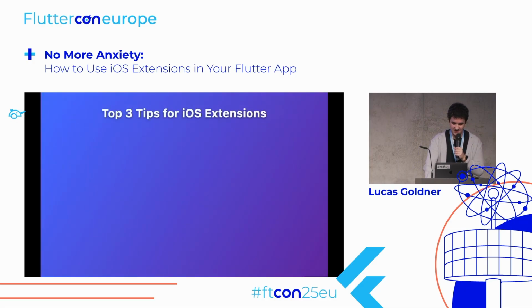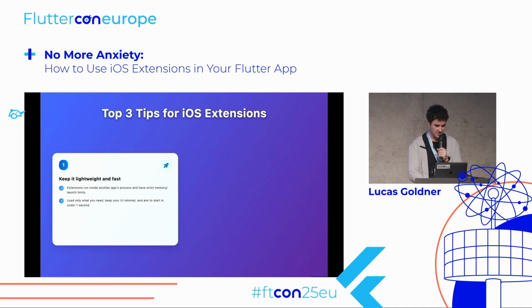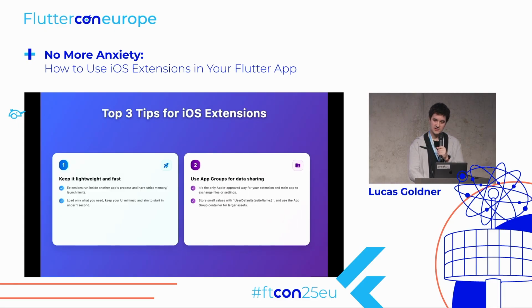Okay, then to summarize a little bit for the iOS extensions, as I said earlier, with the memory limit, you definitely want to make the process as small as possible. Otherwise, you will maybe run into the memory limit. So yeah, keep it lightweight. Just get the data and ship it to your app, I would say. The next thing is if you want to share data, use an app group.